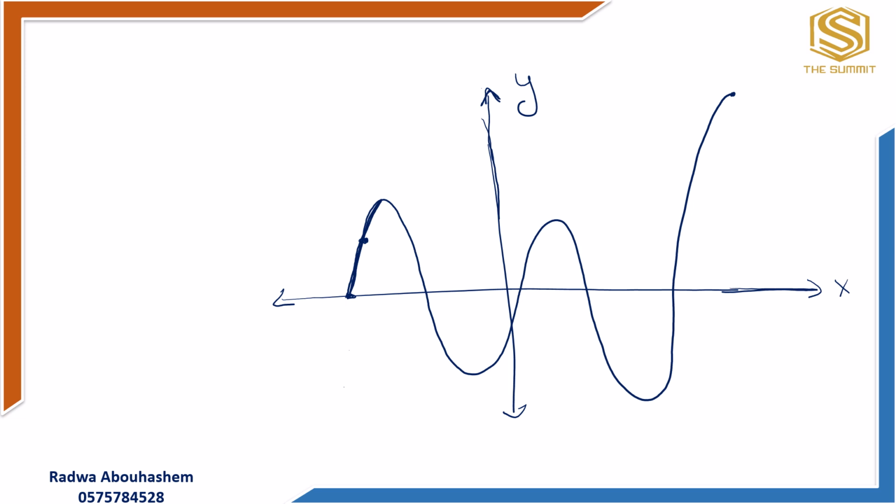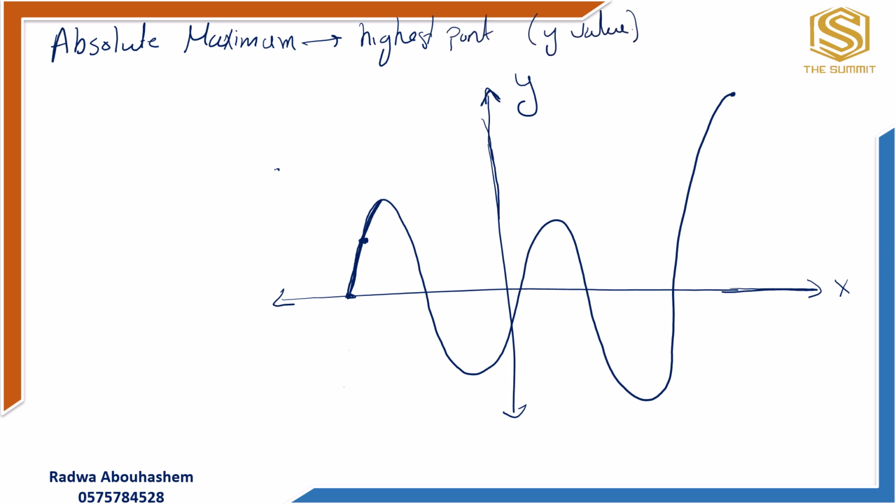Knowing that the function is increasing or decreasing, you have to know the meaning of absolute minimum, absolute maximum, local maximum, and local minimum. Okay, the meaning of absolute maximum means the highest point, or the highest y value. Absolute minimum is the lowest point.